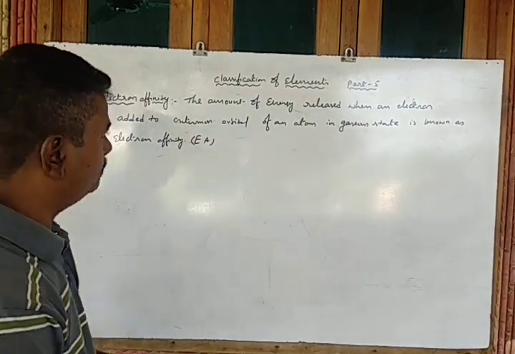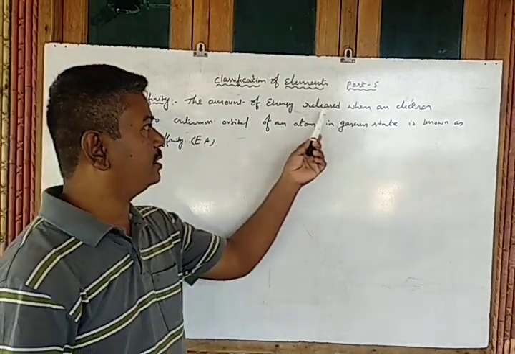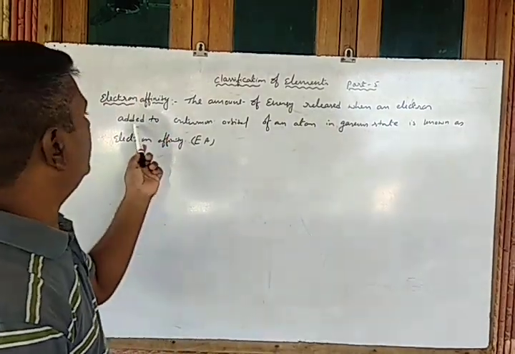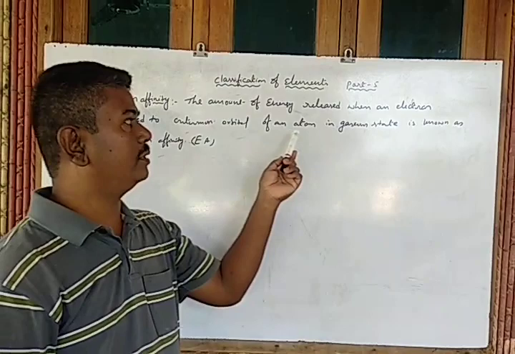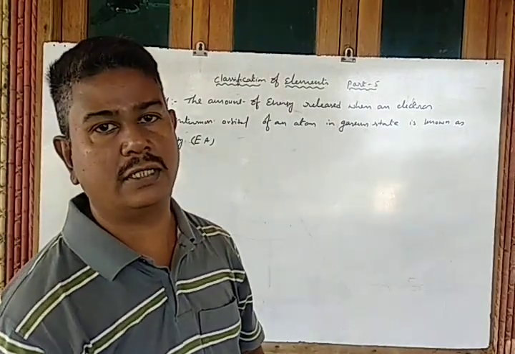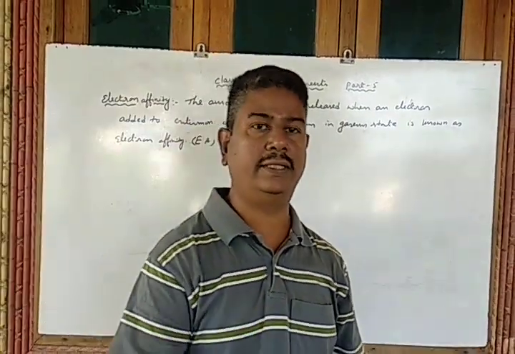Observe the definition: the amount of energy released when an electron is added to the outermost orbital of an atom is called which one? Electron affinity.